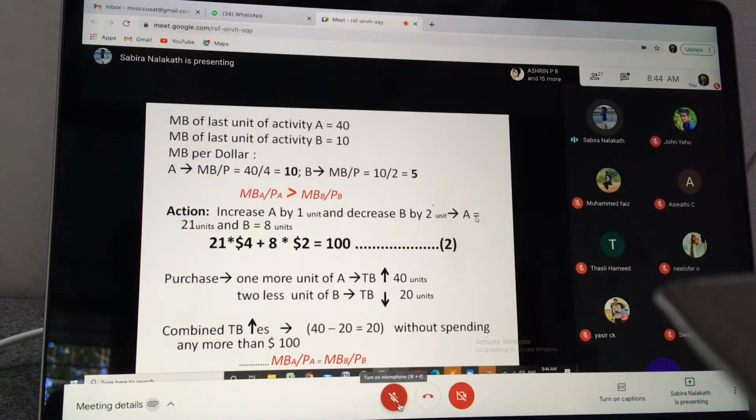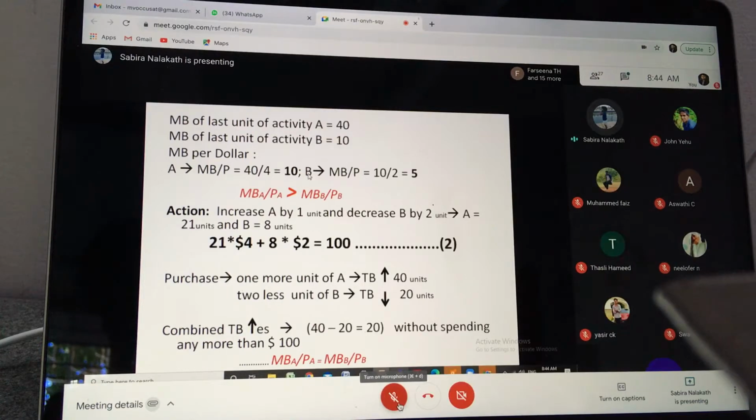So we can calculate the marginal benefit of the TV ad per dollar as 40 by 4. 40 is the additional benefit from introducing activity A, and its price is 4, so that is 10. Getting my point?